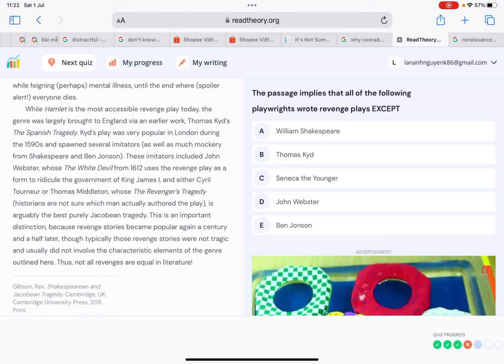We have Seneca the Younger. I don't see any mention of him in here, to be honest. John Webster. Thomas Middleton.